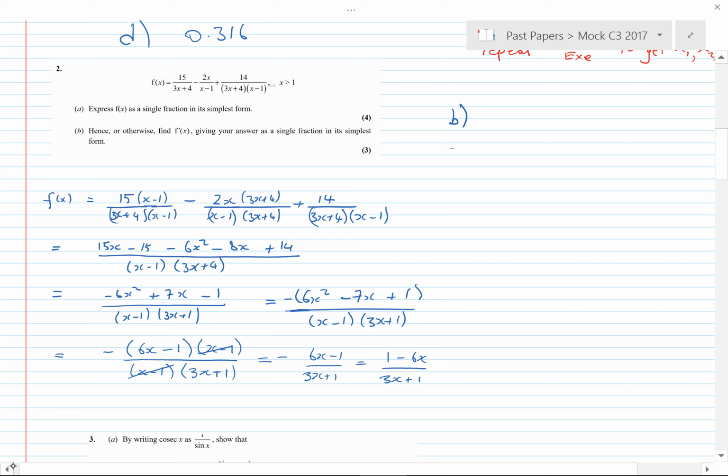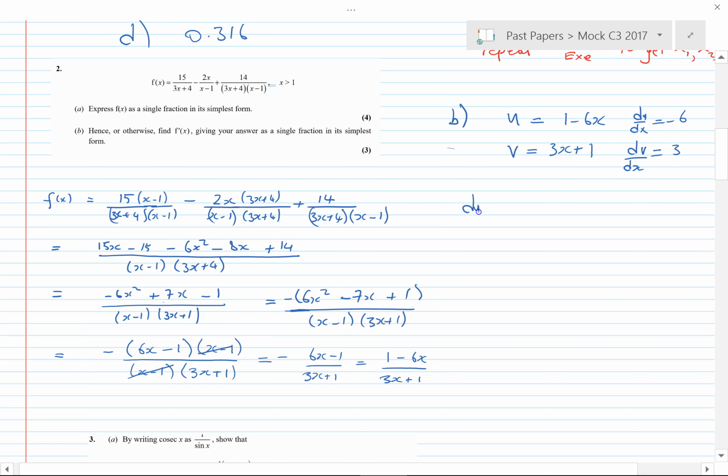So part B, now that we've got it nice and simplified, we can use the quotient rule. Let u be equal to the top bit, which is 1 minus 6x, and v be equal to the bottom bit, which is 3x plus 1. du by dx is then equal to minus 6, and dv by dx is equal to 3.